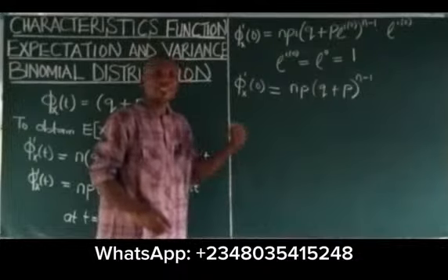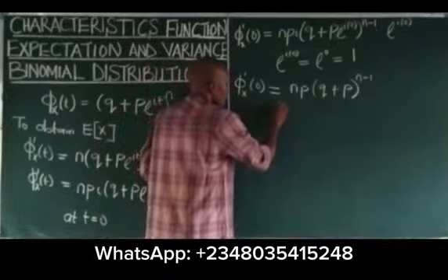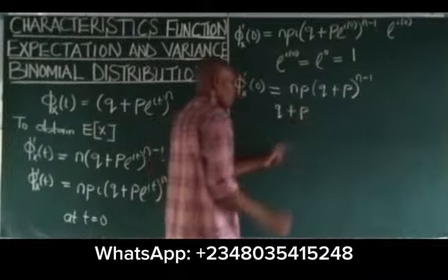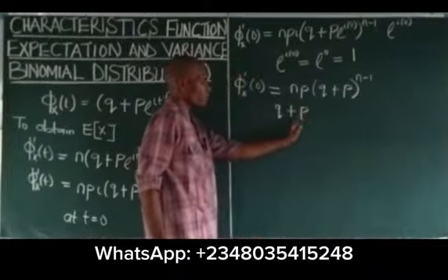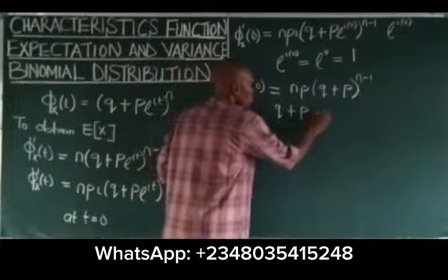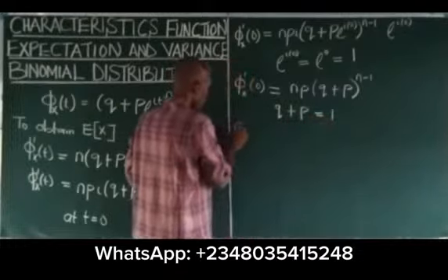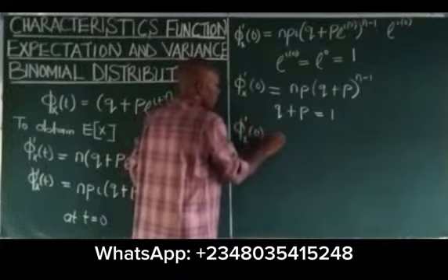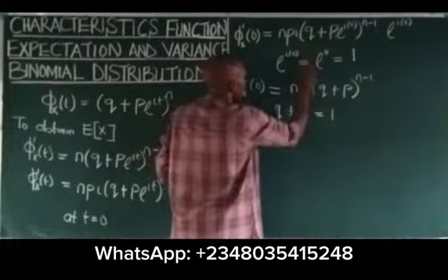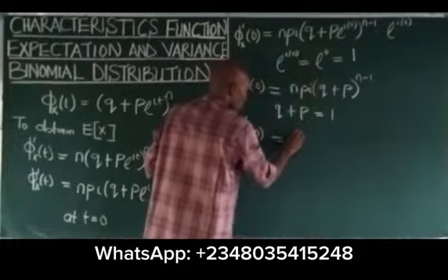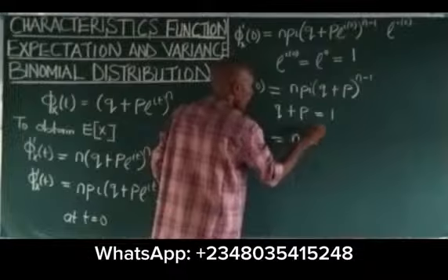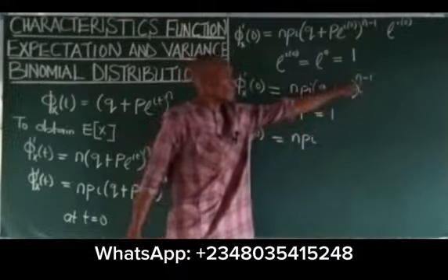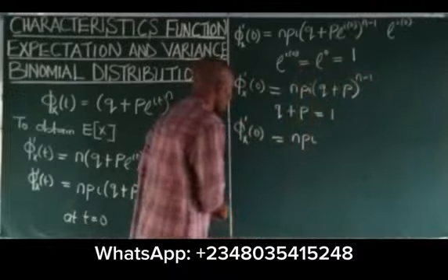Also, from probability distribution, we have that q plus p, that means the probability of success plus failure, is equal to 1. So it then means that the first derivative is equal to npi. 1 raised to the power of anything is the same thing as 1.